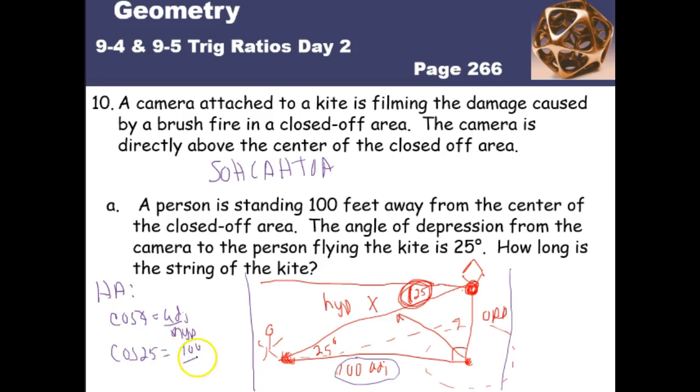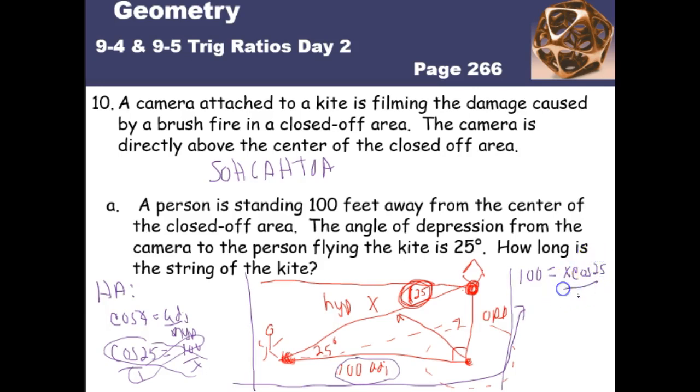So the cosine of 25 is equal to 100 over x. Put that over 1, cross multiply, and I get 100 equals x cosine 25. I'm going to have to go over here because I'm running out of room. So I'm going to divide both sides by cosine 25. Sorry, this is page 266.